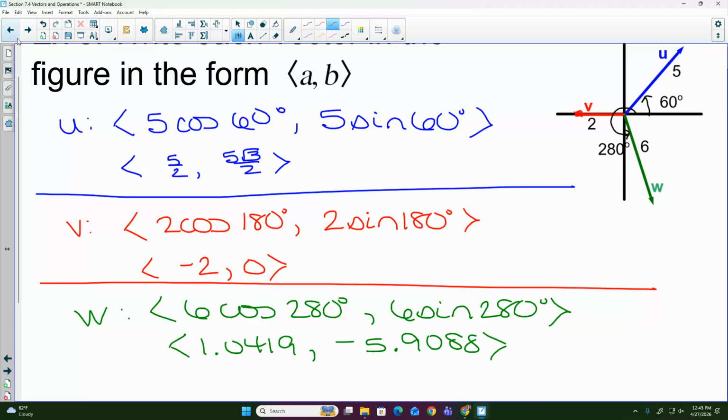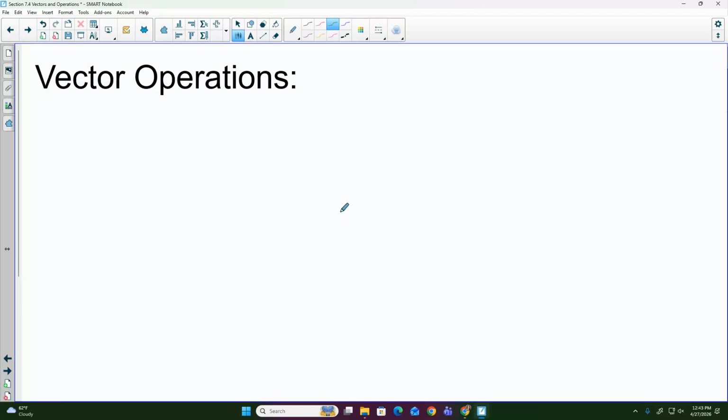Last piece then, vector operations. We can add, subtract, multiply, and divide. All we're going to talk about is adding, subtracting, or multiplying by a constant. And it's exactly what you think. If I ask you to add two vectors, you add the x values together, and then you add the y values together.